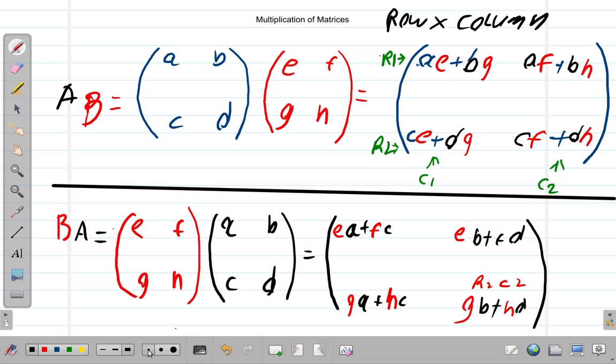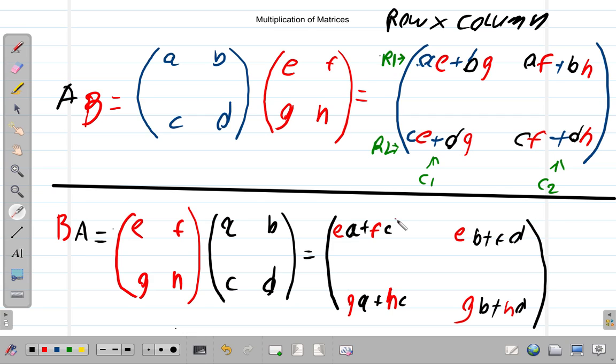Now, let's look at both answers. Here, up here, what do you have? AE plus BG. AE, you could rewrite this as EA, no problem, but this is AEA. You could rewrite this as AE, so this and this are the same, but guess what? FC, this is BG, this is FC.